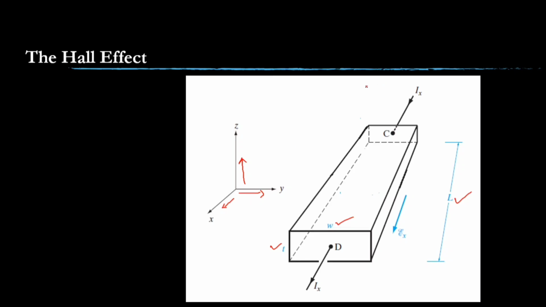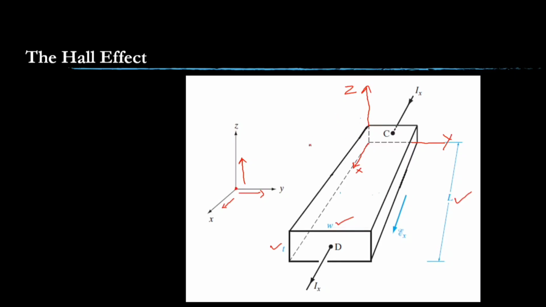Here you have Z, here we have Y, and this is the X direction. I am going to place this semiconductor bar here, so I will get something like this.